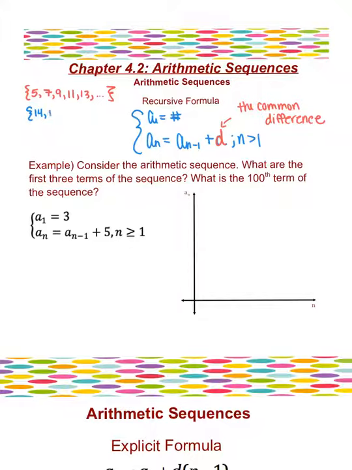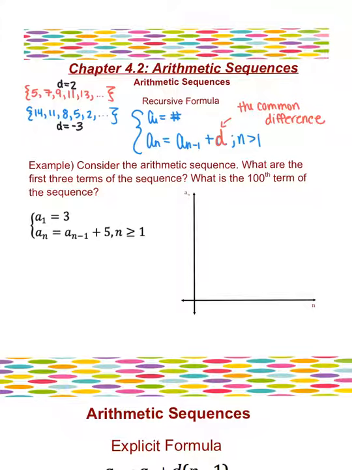That would be 11, 8, 5, 2. So in the first one, that's an arithmetic sequence where my common difference is 2. The second example is an arithmetic sequence where my common difference is -3.